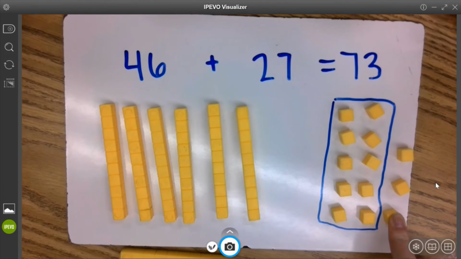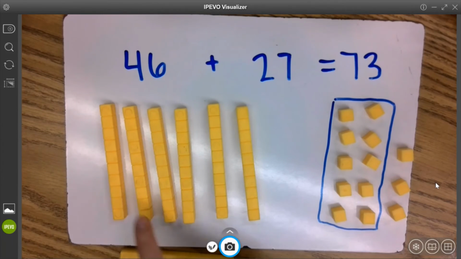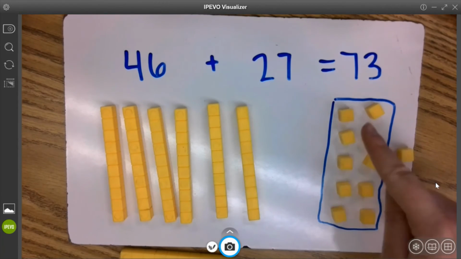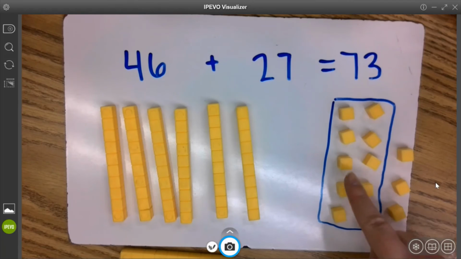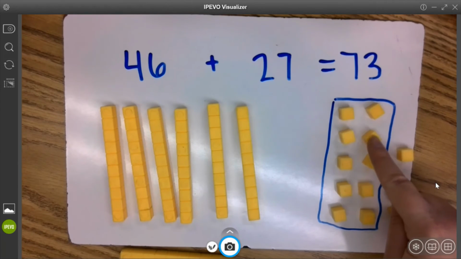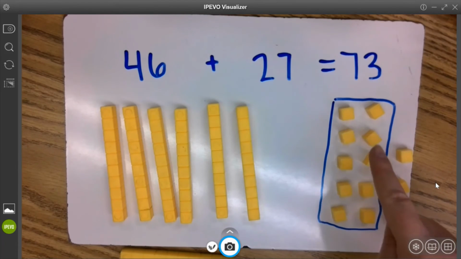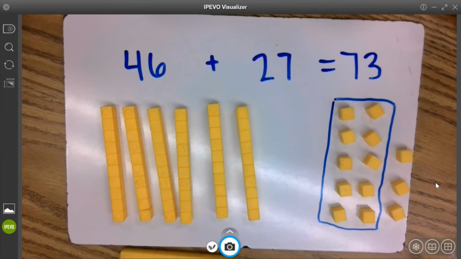Now, if you forget to make a 10, you're still going to get to 73 by counting. 10, 20, 30, 40, 50, 60, 61, 62, 63, and so on up to 73. Okay, but it's a lot faster if you visualize making that group of 10 and then just counting on those last three. Okay, so this is what you're going to be practicing with your math today.